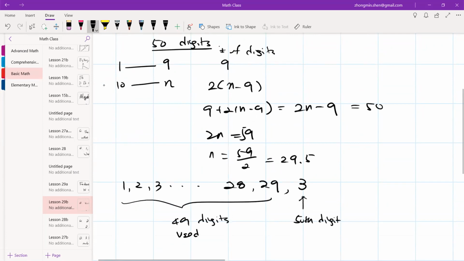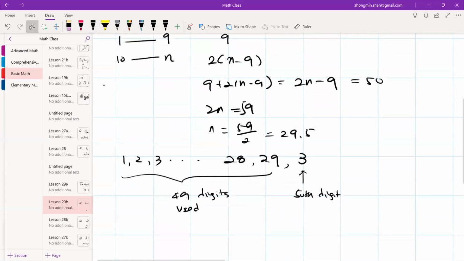So of course, the problem on the contest says to find the sum of the final two digits he writes. But if you figure out the last digit he writes is 3, then you know the last two digits are 9 and 3, so 9 plus 3 is 12. Okay, so this is a problem, right? Emma, you have some troubles, right, to do this.